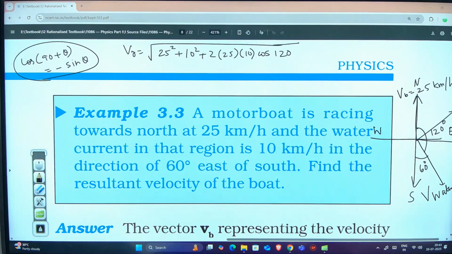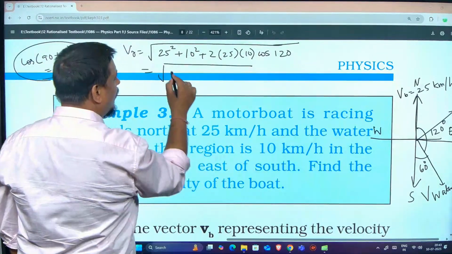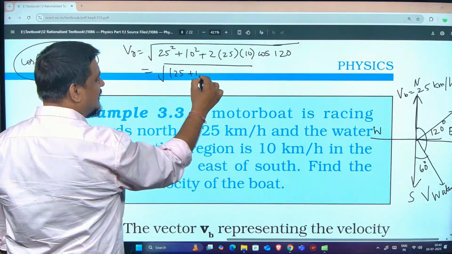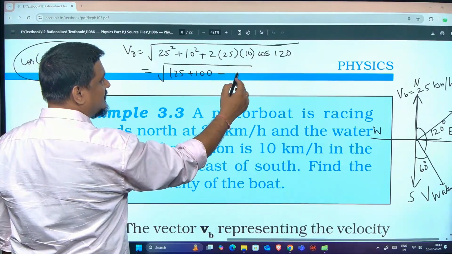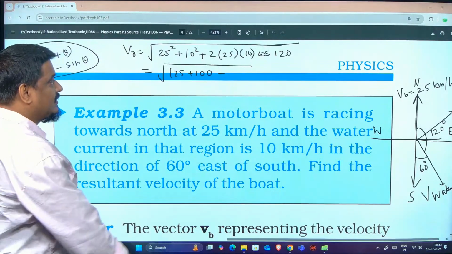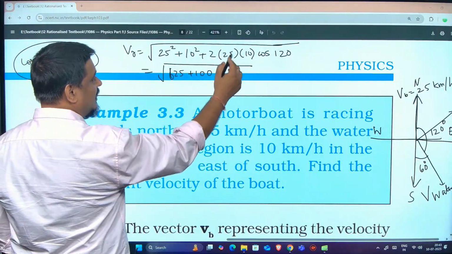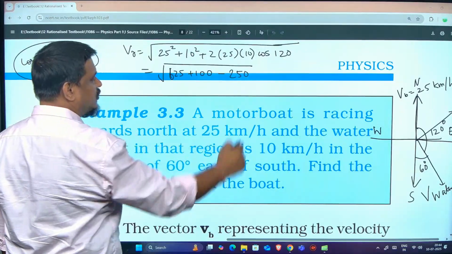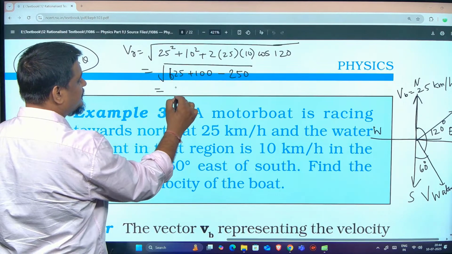I taught this in the first class of the bridge course. So it is root over 625 plus 100 minus 250, so 725 minus 250 will become 475. Check how much you are getting.